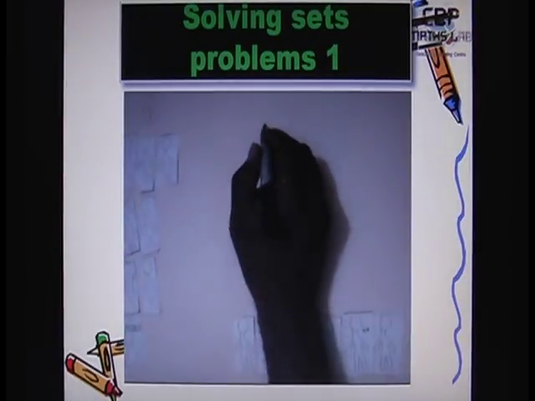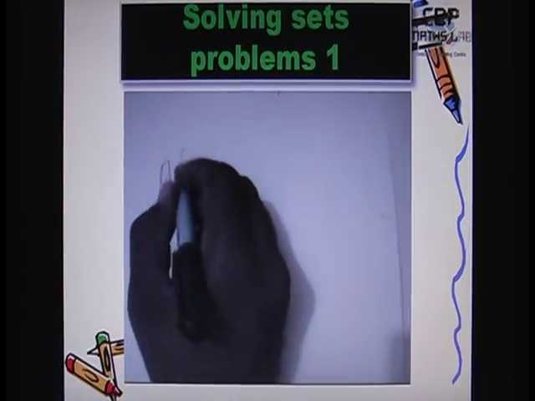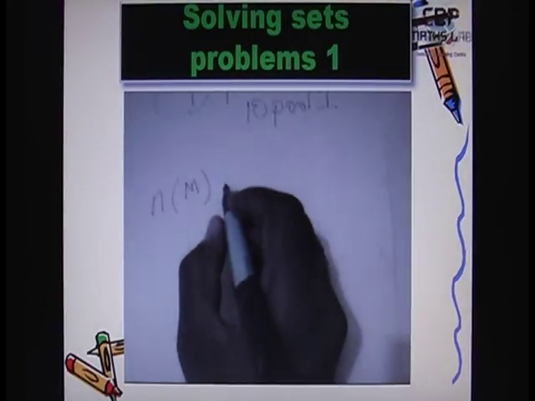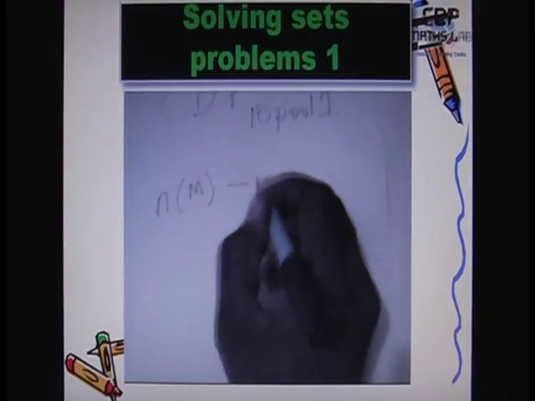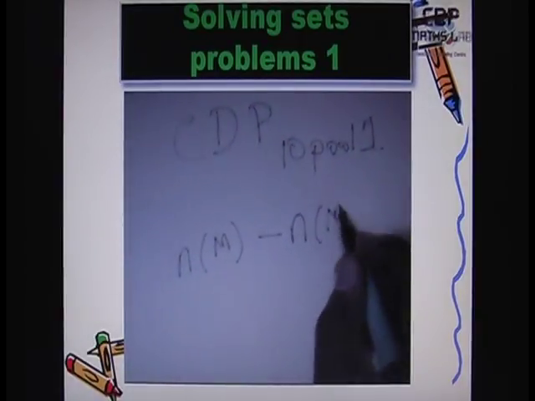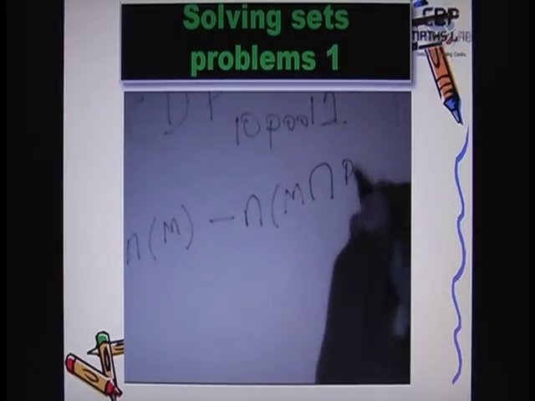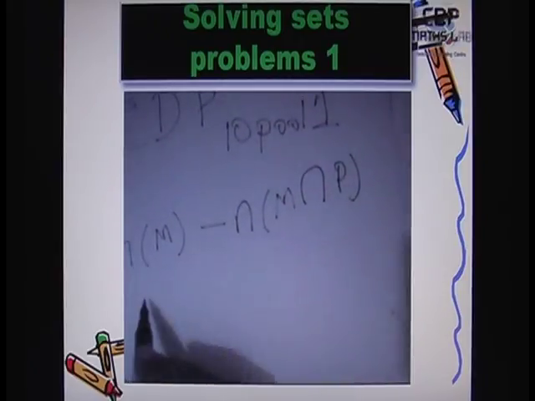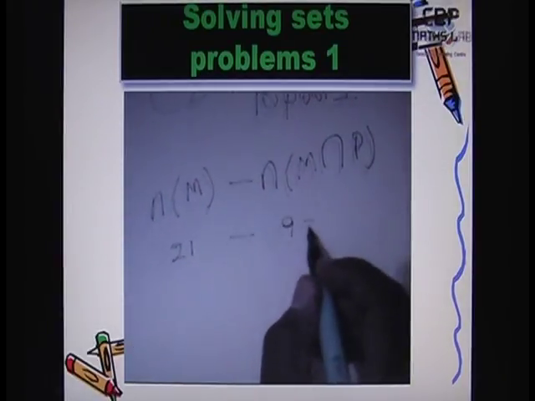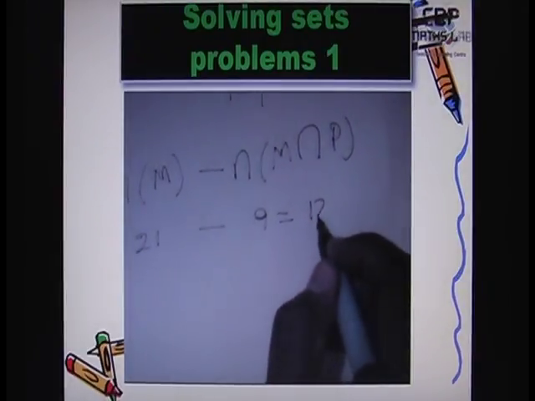So we could say the number of students in mathematics minus the number of students who like both mathematics and physics, and we use a symbol for intersect, which is this. So we had 21 here minus 9, and then we get what? 12. Very good.